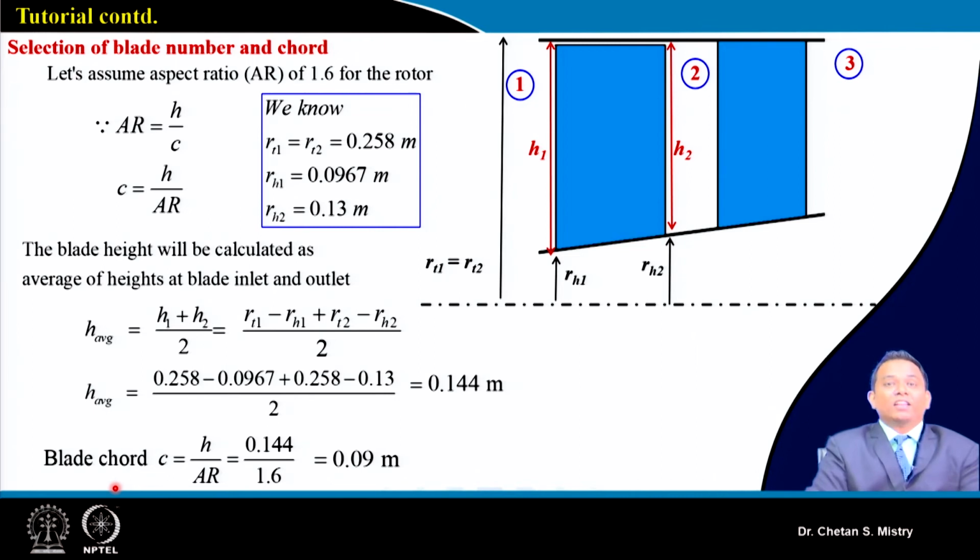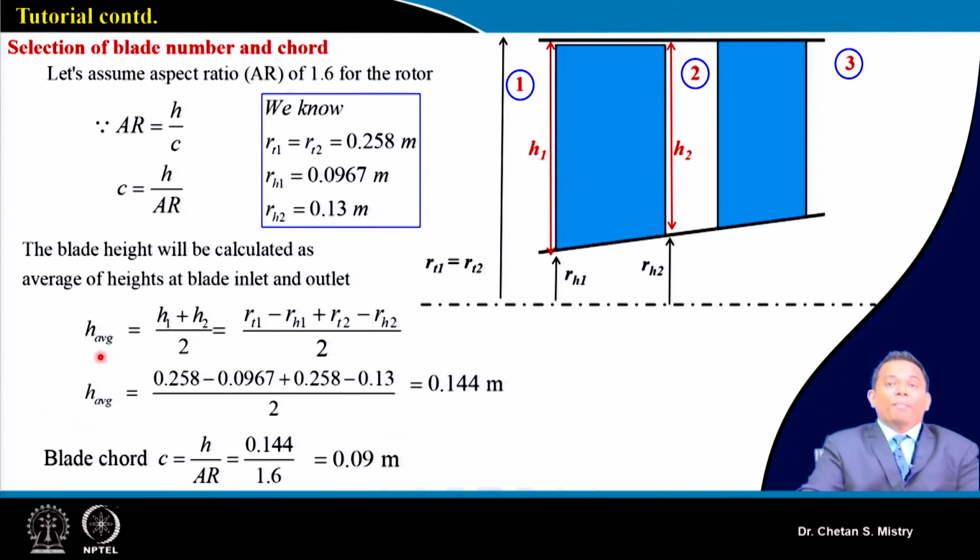Now the confusion here is which height needs to be selected, and that's the reason we will do our calculation for height at the entry, and for height at the exit, and we will take the average of this.